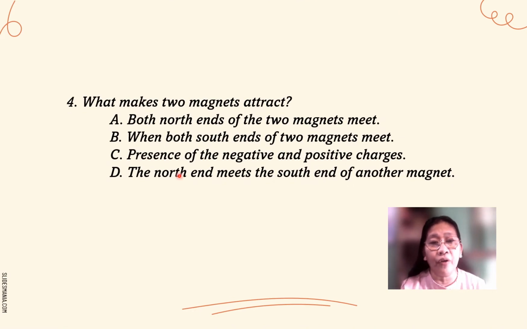Question number 4. What makes two magnets attract? A. Both north ends of the two magnets meet. B. When both south ends of two magnets meet. C. Presence of the negative and positive charges.